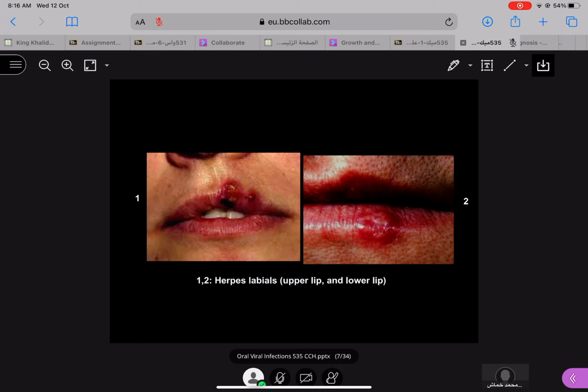Okay, here you see in this picture herpes labialis, on the upper lip and lower lip. If you see in your clinic someone who comes with this manifestation, with these vesicles and ulcers, it should come to your mind that this patient might have a herpes virus.